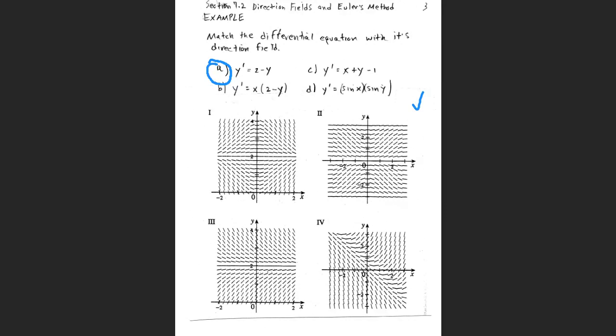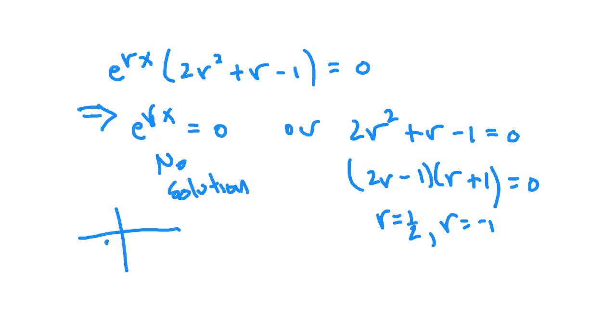Okay, let's take a look at that. Let me clear this. Y prime equals 2 minus y.